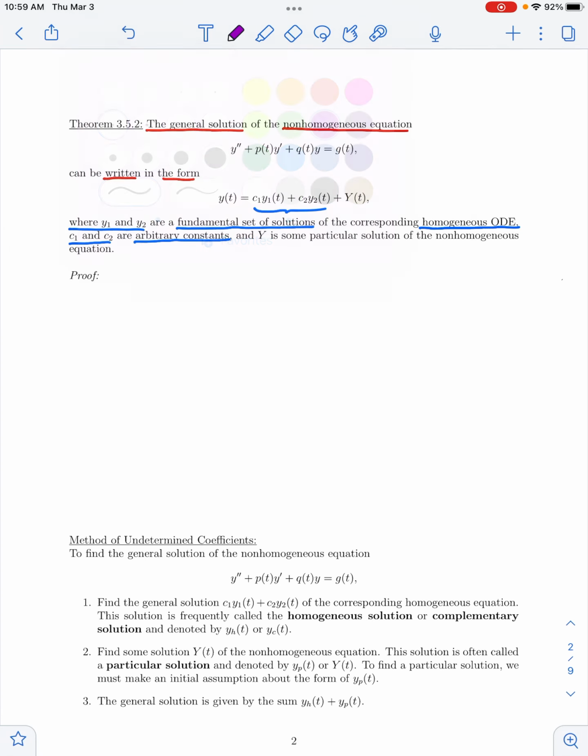And then we add some capital Y of t function, where capital Y is some particular solution of the non-homogeneous equation.